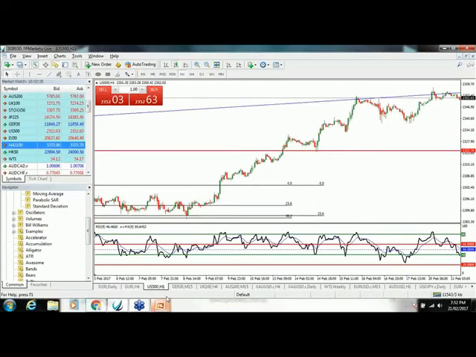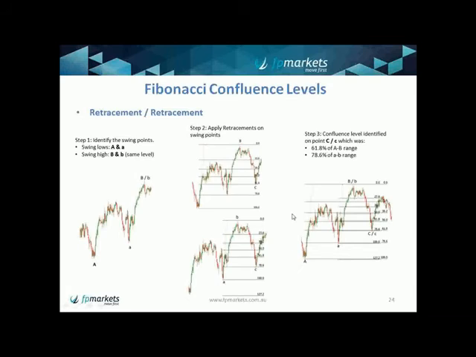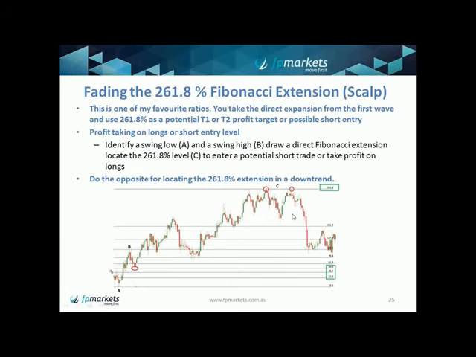So let's have a look at the last entry. If I go here, we're looking at fading the 261.8 extension. How I set this up is on a 15-minute chart, you've got a swing low here, and then a swing high at that level.